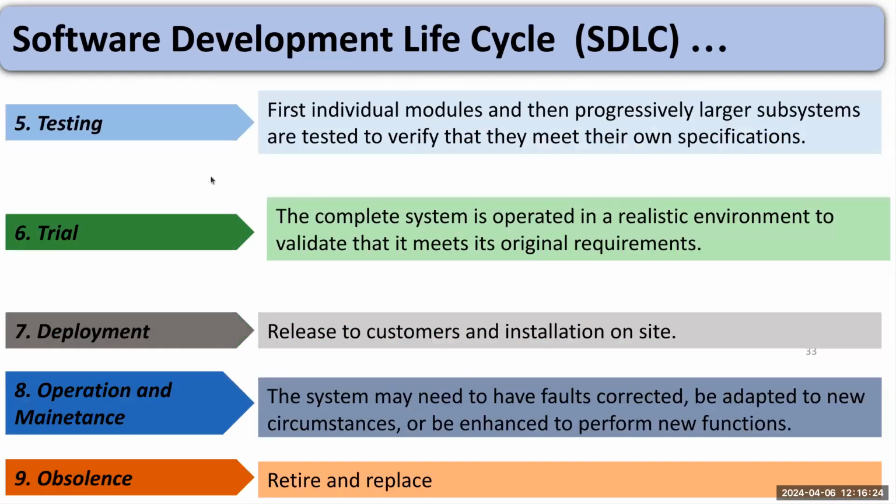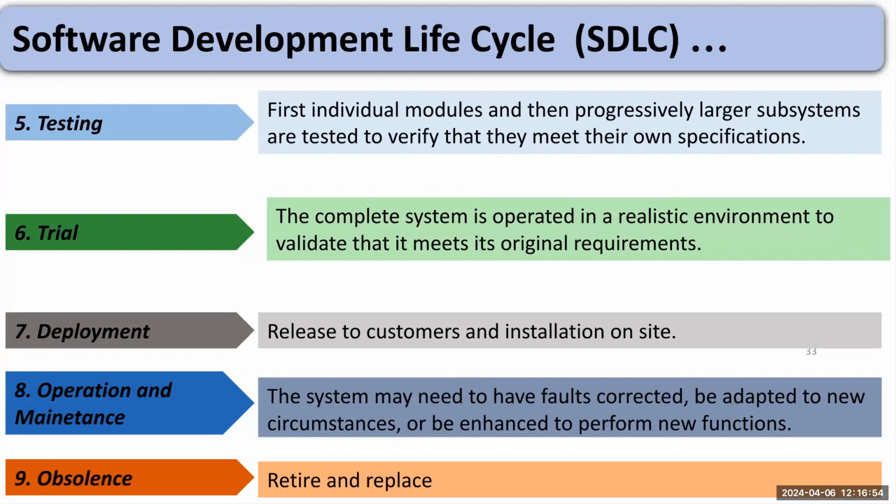And the next is testing. After compiling and integration, the system should be tested to check whether this software is correct or not. There are mainly two types of testing: black box testing and white box testing.